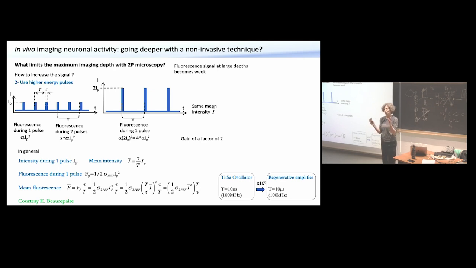So you are limited by two things: the mean intensity, which is the heat that you deposit in the brain, and the peak intensity of these pulses, which creates nonlinear effects that can completely damage the cells. So you need to find a range in between to work where you optimize those two things. And there is a review that I cited before. Later, you can have a look at it, which explains this.